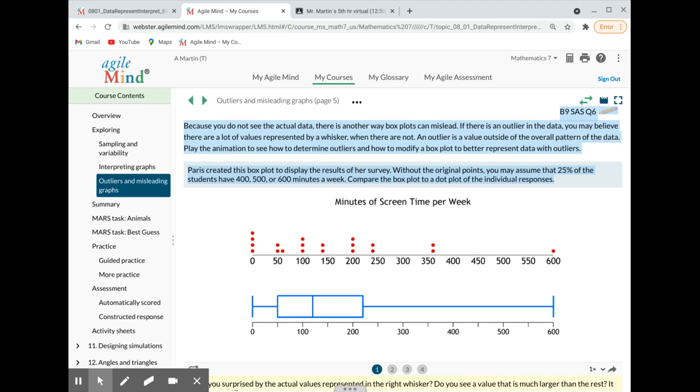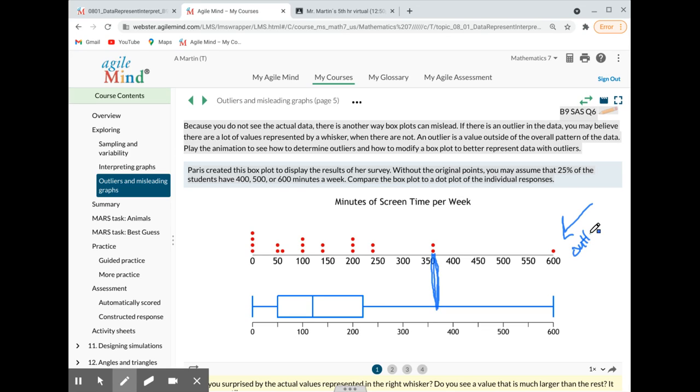What do you notice right away, Angel? Alora? Anyone in the class? There is a value in between one of the whiskers. Yeah, so we do have one at a little over 350. So somewhere in here. But 600 is a what? More than likely, it's going to be an outlier.